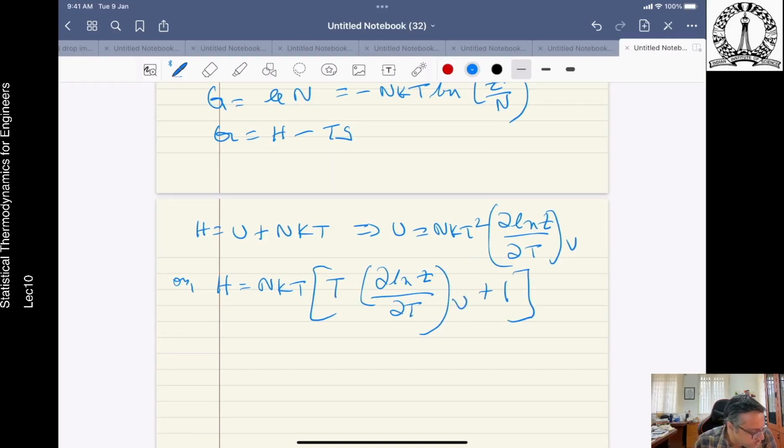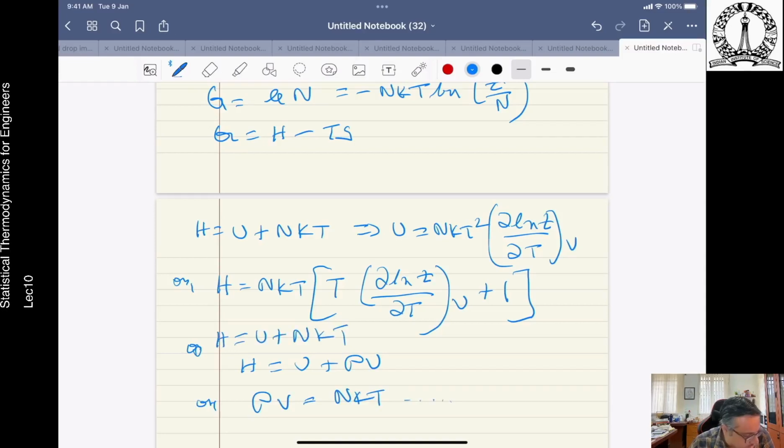Okay, so as you can see, this is the value of H. So H is also written as U plus PV, or PV is equal to nkt, because H here can be written as U plus nkt.